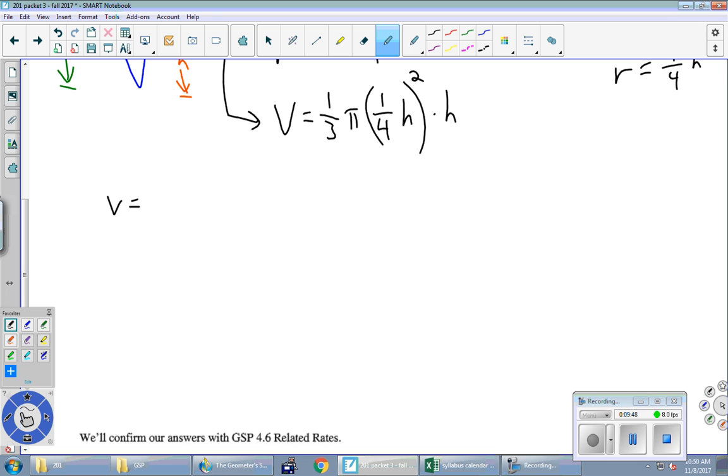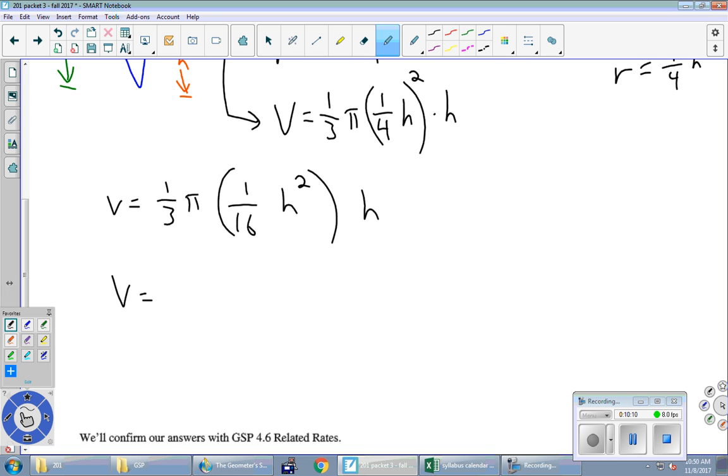So we get V equals 1/3 pi. And when I square what's in the parentheses, I think I get 1/16 h squared. Is that okay? Just squaring the 1/4 and the h. And now we can just multiply everything through the parentheses here.